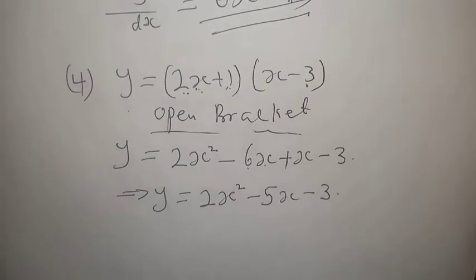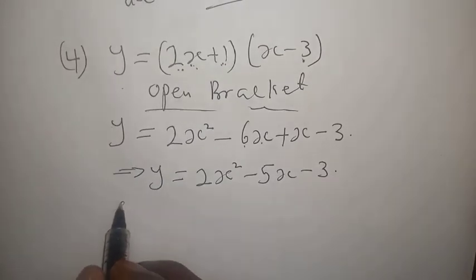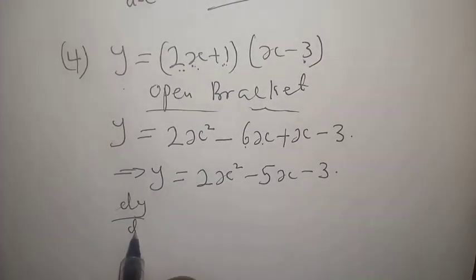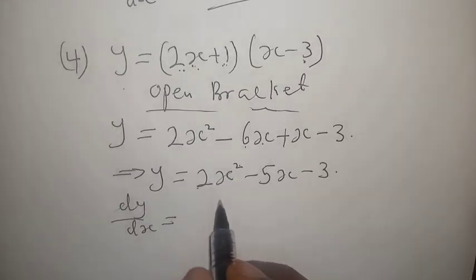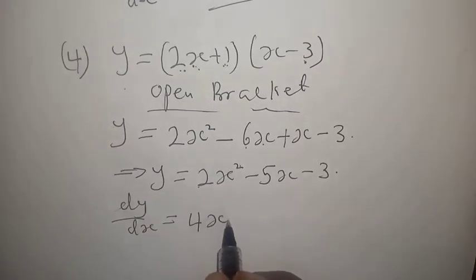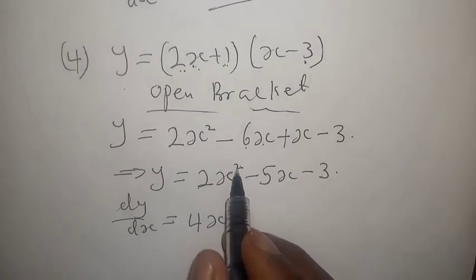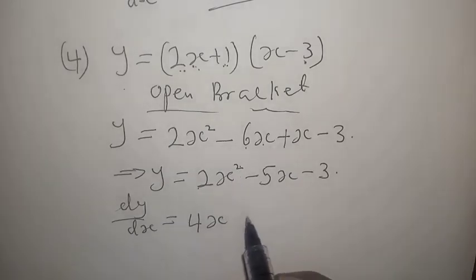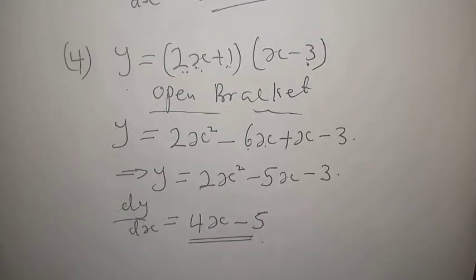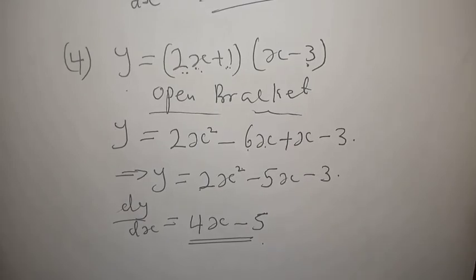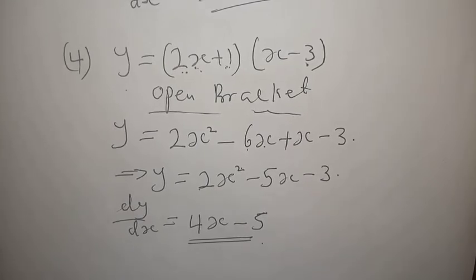Now, to differentiate, we have dy/dx will be equal to what? 2 times 2, 4x, that is 2 minus 1 is 1, minus 5. Answer.